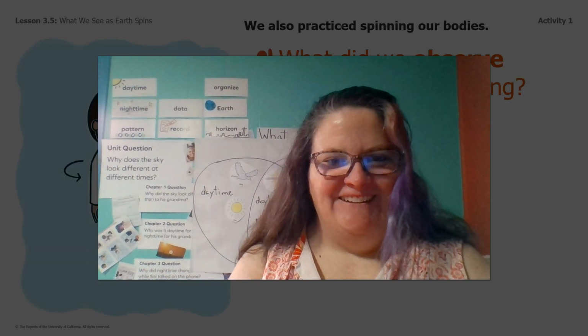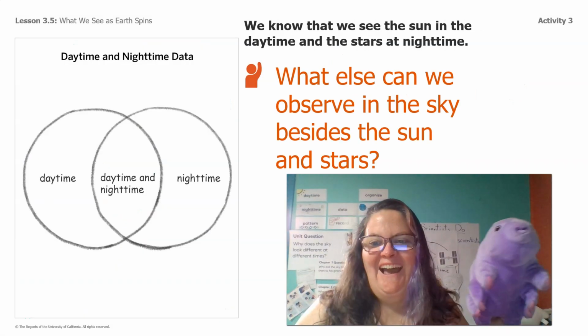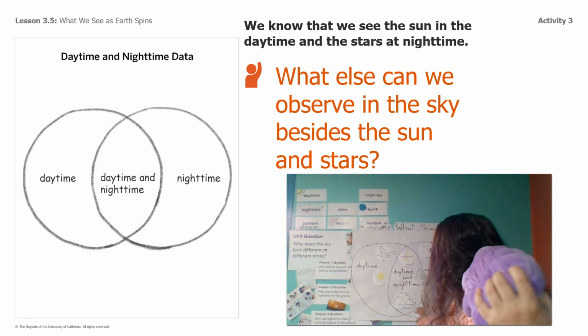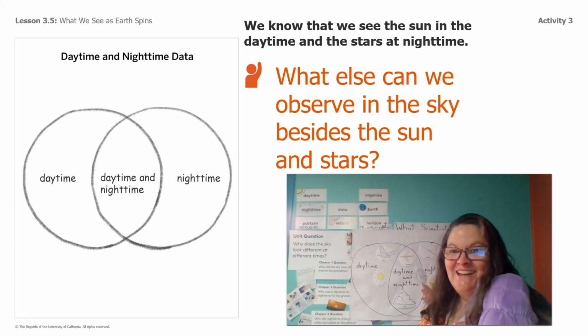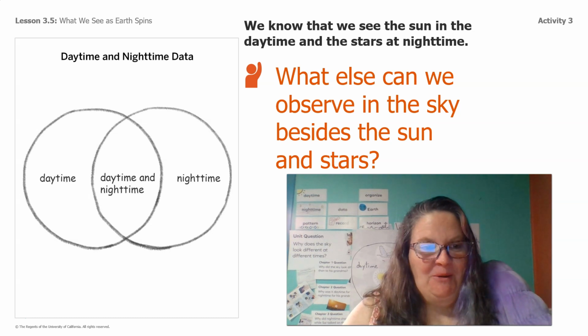What do you guys think? I think Lavender and I heard a couple of you say the moon, right? That's okay if you didn't, but I think that's something that we can look a little bit more at.